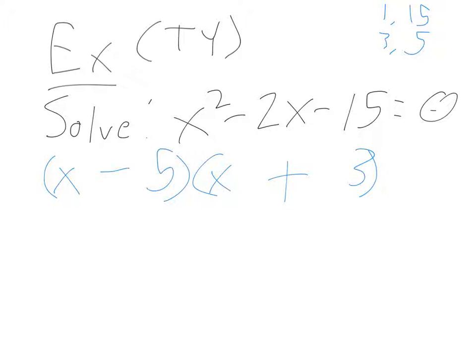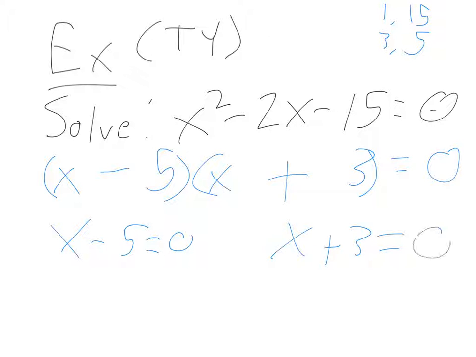Another way to think about it would be positive 3 minus 5 gives you negative 2, which is what we have in the original equation. So now, take each of these and set them equal to 0. So that tells you that x is equal to 5 and x is equal to negative 3.